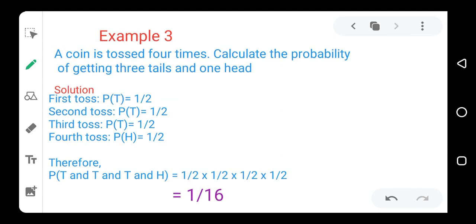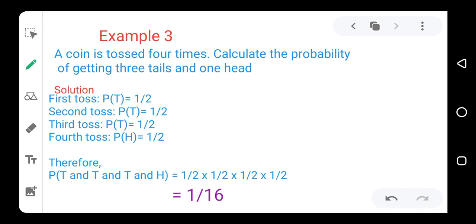Now, let's look at another example. A coin is tossed 4 times.